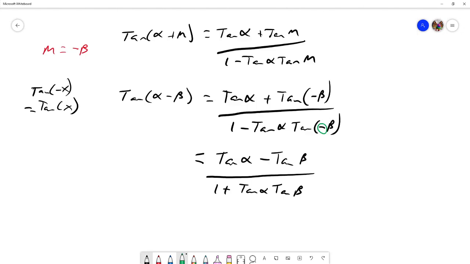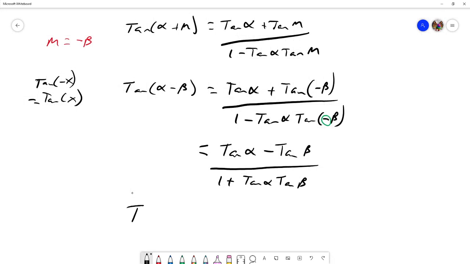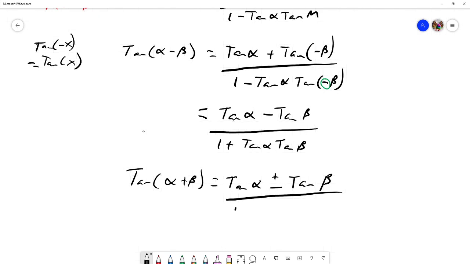Alright, so to summarize our results, tangent of alpha plus or minus beta is equal to tangent alpha plus or minus tangent beta divided by 1 minus or plus tangent alpha tangent beta. The thing to note, I forgot my negative sign there. Here we go. The thing to note is when you have a plus sign here, you want to use the top signs and leave everything else the same.